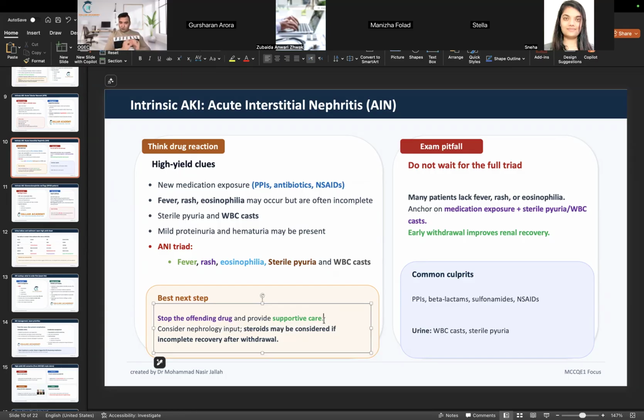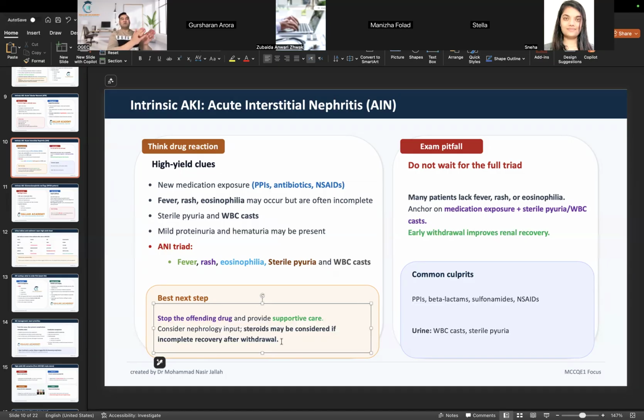But if you have them both in the options, always stop the offending drug. Okay? You may have, for example, A, stop the offending drugs, and then you have supportive treatment. Obviously, you have to stop the offending drugs first. This comes first, then the supportive care. Okay? Don't forget. Consider nephrology and put a steroid. It is not 100%. You can use it. You can consider it if incomplete recovery after withdrawal happens.